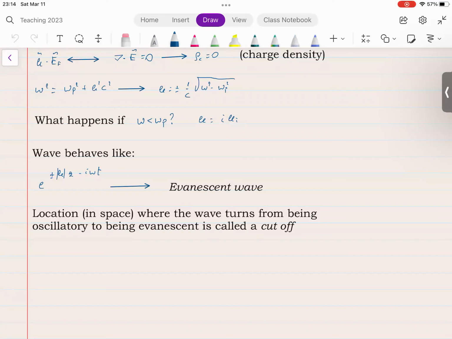And no surprise here, if the cutoff is determined by a frequency, that frequency is called the cutoff frequency.